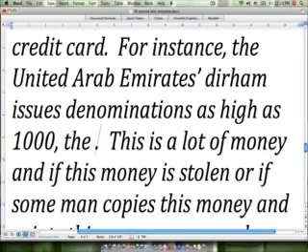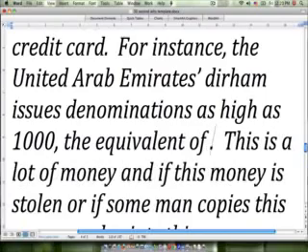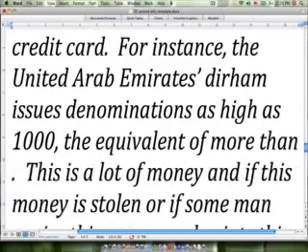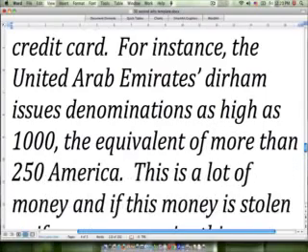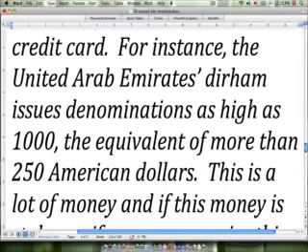And then the equivalent of more than 250 American dollars. For instance, the United Arab Emirates dirham issues denominations as high as 1,000, the equivalent of more than 250 American dollars. Okay, the example is simple, the example is clear.